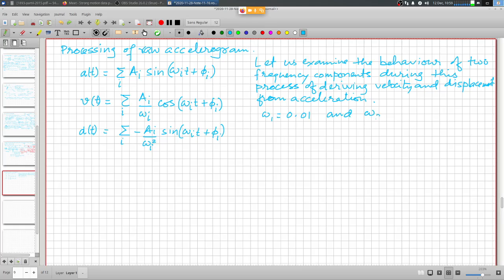omega 2 as 10.0 and A1 and A2 as, let's say, both unity. So equal strength, two frequency components of equal strength.